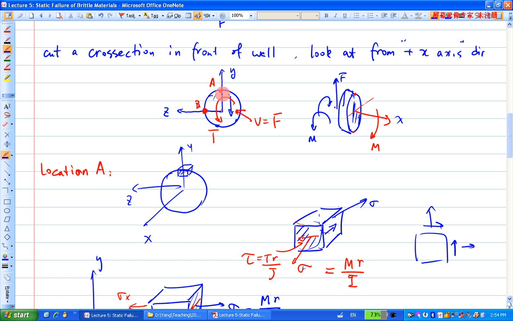Okay, most of the time, the bending normal stress caused by the M has a stronger effect on the cross-section than the shear stress caused by the V. If you look at A and B, what's the difference between them?